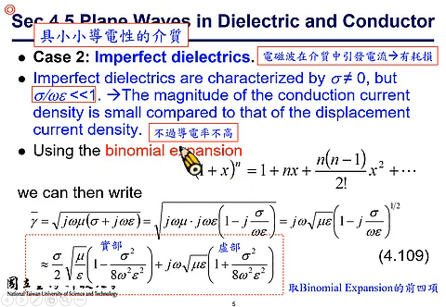The most useful tool that we will use here is binomial expansion. Binomial expansion, right? So (1 plus x) to the power n, if x is a small number.